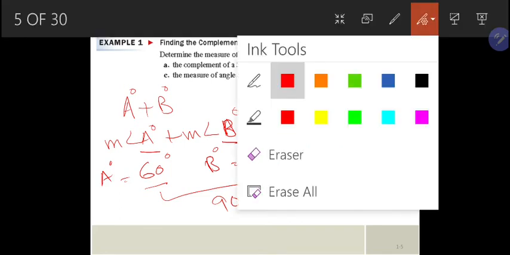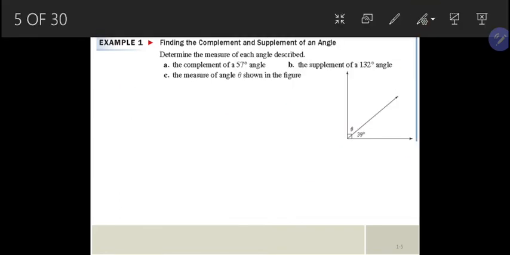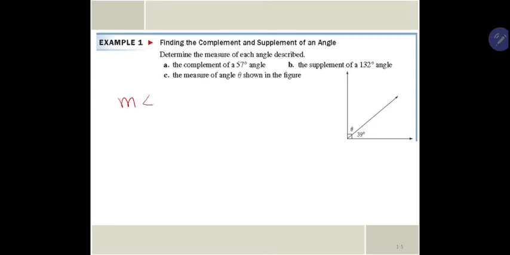The same way we can discuss the supplementary angles. The supplementary angles are those angles that, for example, the measurement of angle A plus the measurement of angle B add up to 180. So remember, for the complementary angles, these two angles added up to 90, but for the supplementary angles, these two angles should add up to 180.